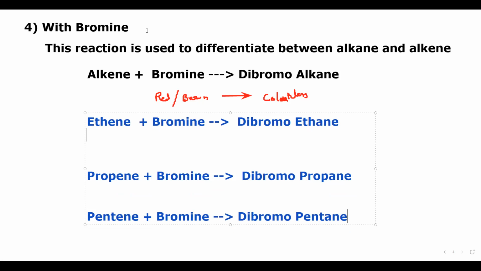So for example, ethene, eth means 2 carbons, so C2H4 plus bromine. Bromine is a non-metal, so the symbol is Br, but because it's a non-metal, it exists as a molecule, Br2. In an addition reaction, it is very easy to complete a product, we just have to add all of them. So when I add all of them, it will become C2H4Br2. Propene, prop means 3 carbons, so C3H6.